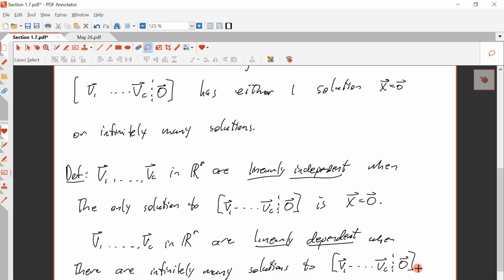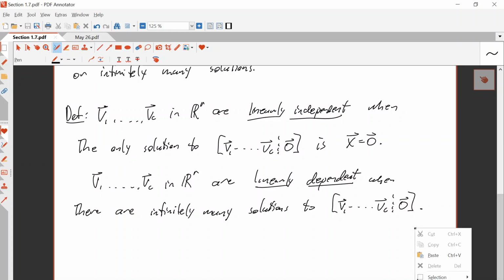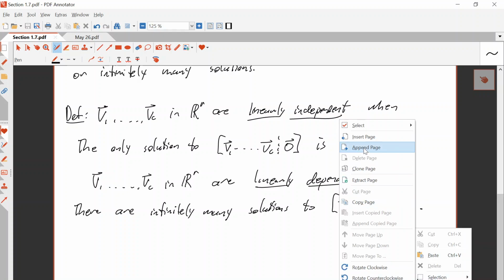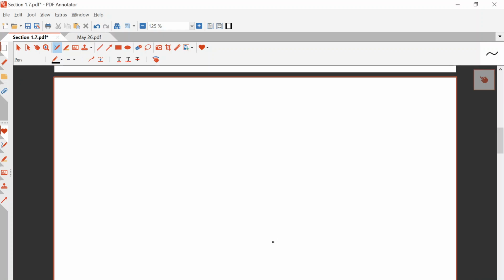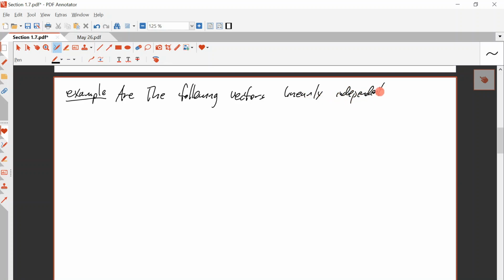All right. So, for example, are the following vectors linearly independent or dependent?